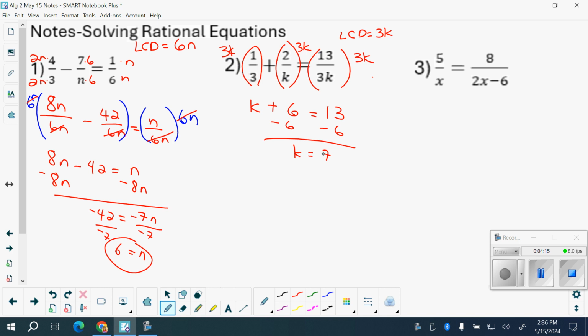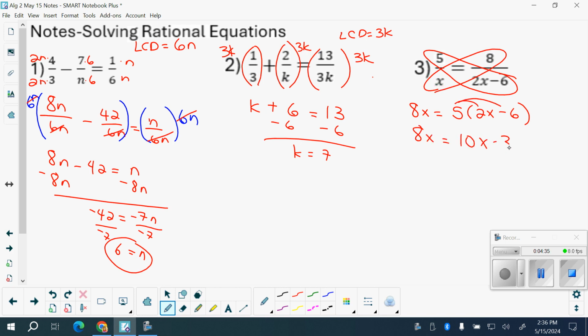So what's the fastest way to do it on number 3? There's a faster way. Yes, cross multiplication is the fastest. If you see it, I know it's hard. Sometimes you don't see it. So we get 8x equals 5 times 2x minus 6. So 10x minus 30. What next there to solve that?